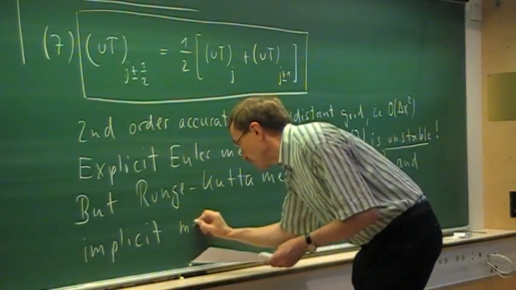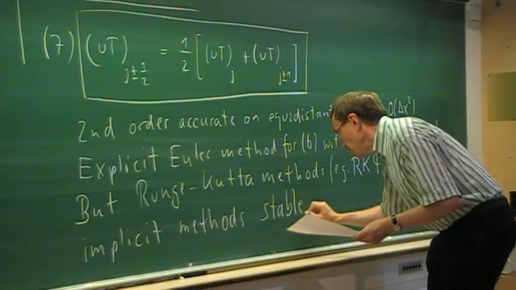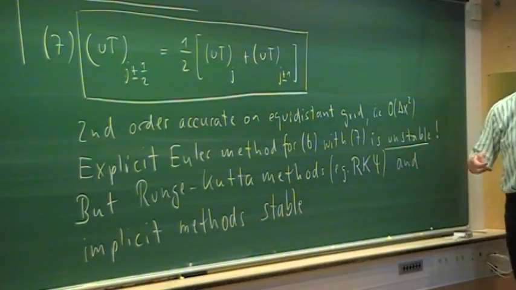So implicit methods, they are stable. So you can use them. And when you have problems for waves, for example, when you have a smooth solution, then this approach using, say, Runge-Kutta method is really useful. However, if you have discontinuous problem, shocks or any discontinuity for the temperature profile, then you will have a lot of problems also with these methods.